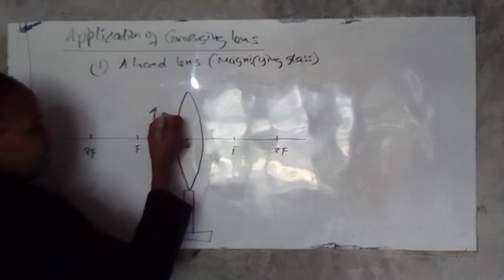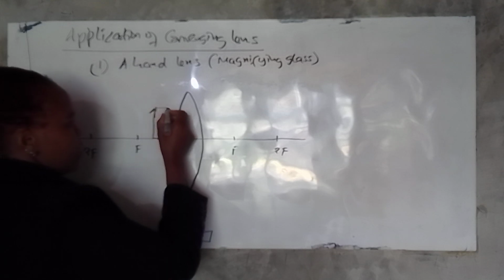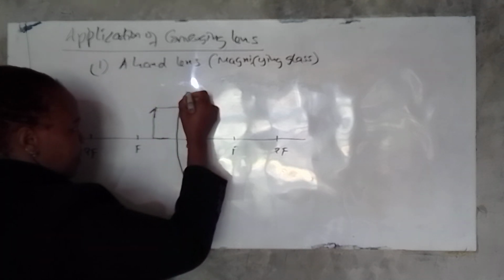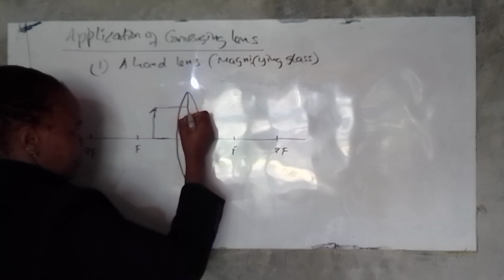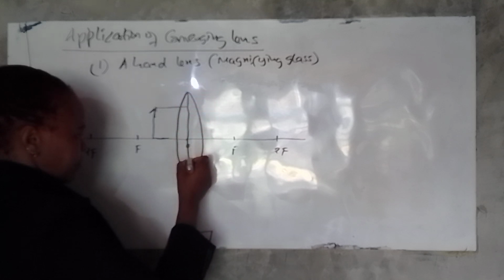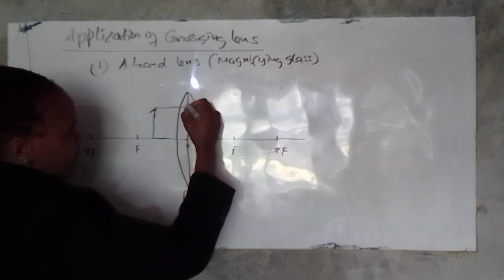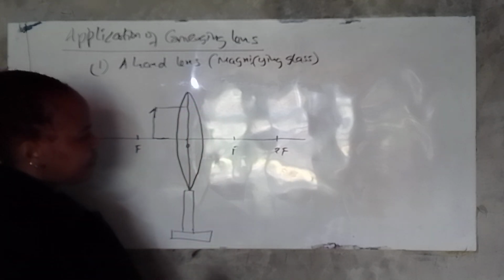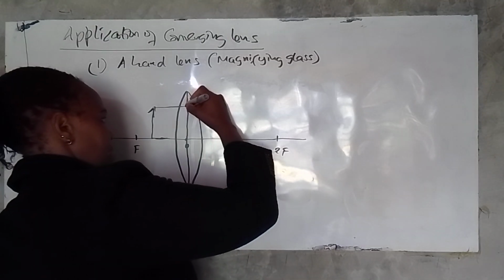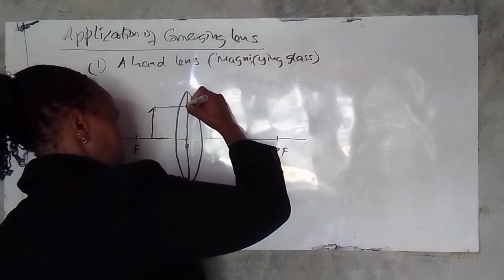Now let's see this. Of course, the ray that is going to come parallel is the center. I want to draw this, please don't get confused. So it hits the lens, and it will be refracted through the principal focus.